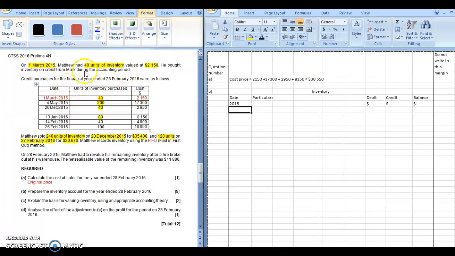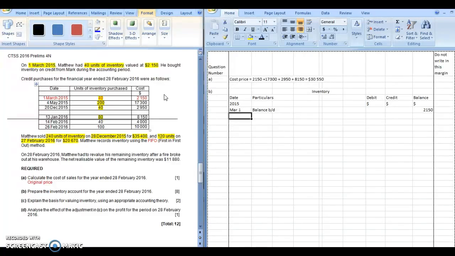So when you start, you will start with the beginning inventory of 40 units. Whenever you start an inventory account, in this case there was initially 40 units of inventory worth $2,150. You need to write this as balance brought down.